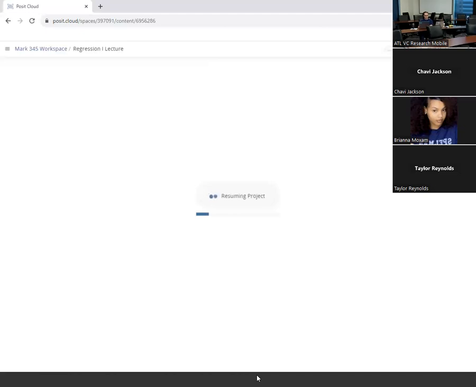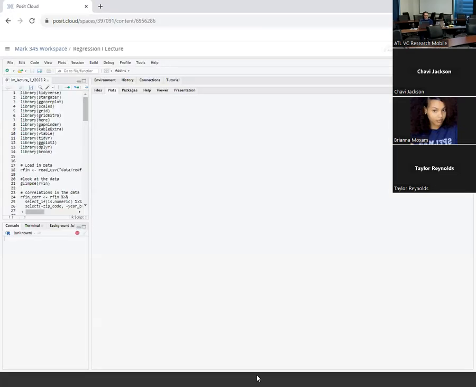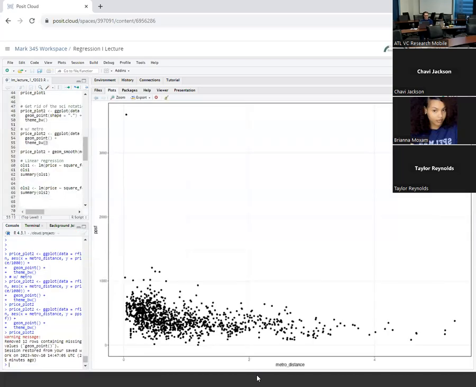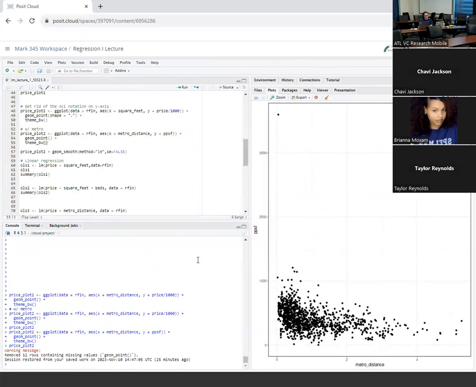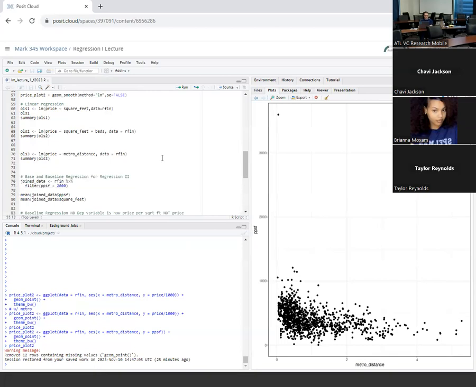Because we've been talking about this relationship between price per square foot and distance from the metro. And looking at that data, we know that we had a lot of observations of properties within a mile, as opposed to not as many for those 4+ miles away.